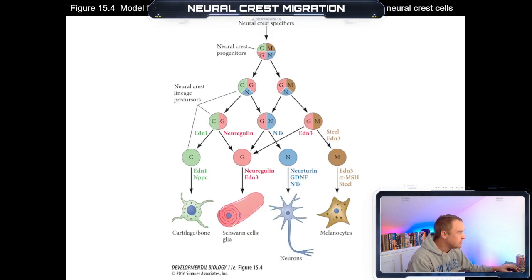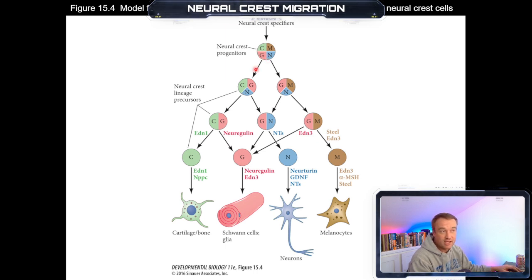Let's make sure I didn't skip anything. So here they've not only done fate mapping, but also established some of the genes that are differentially expressed to cause these different specifications of these cells. So here we have these neural crest progenitor cells. Those are the ones that are migrating.